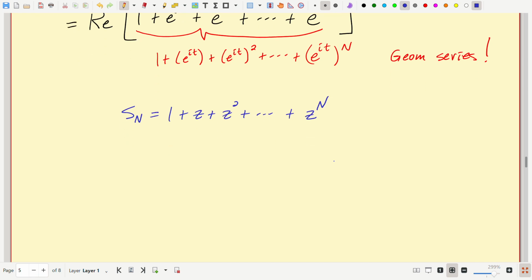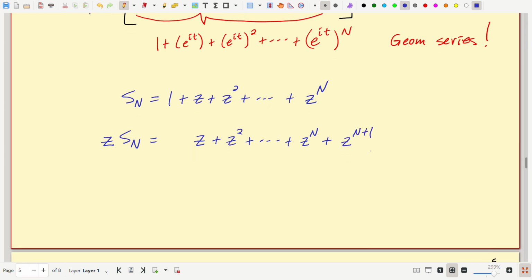And you learn that if you multiply that by z, it just shifts it to the right. So the first term would be z times 1, that's z, plus z squared, etc. z to the n would still be there, but then you'd get this thing hanging out the end here of z to the n plus 1.